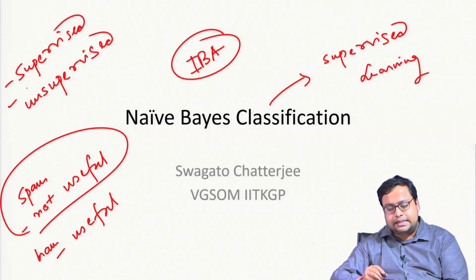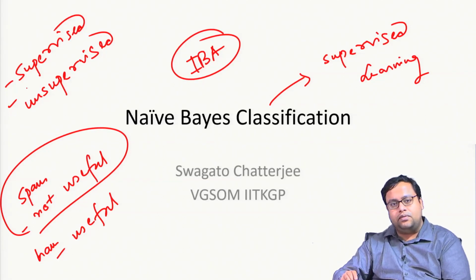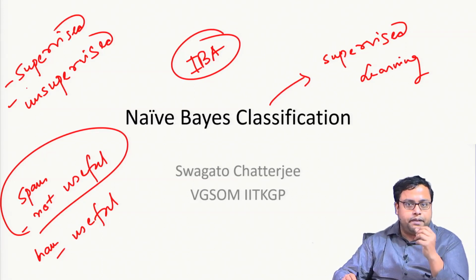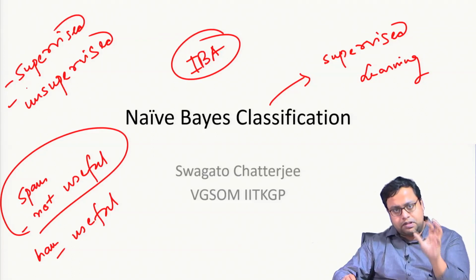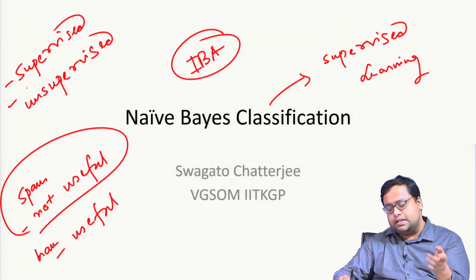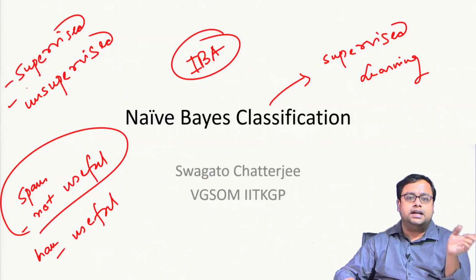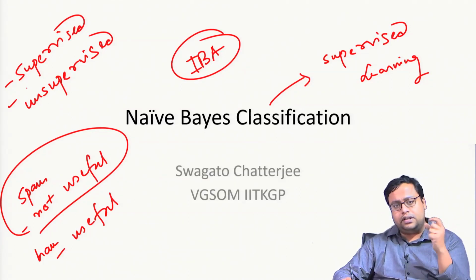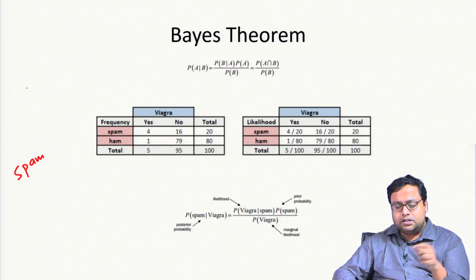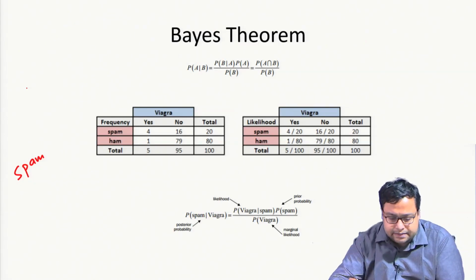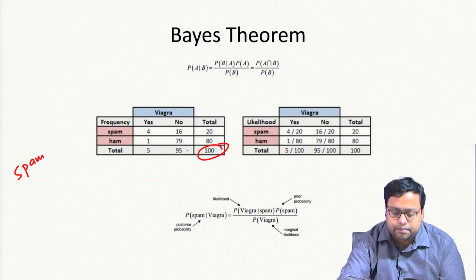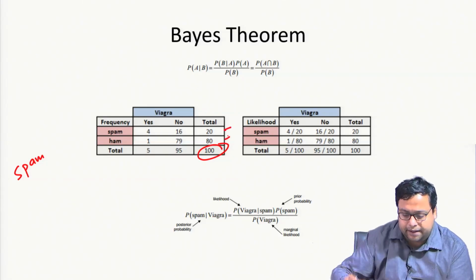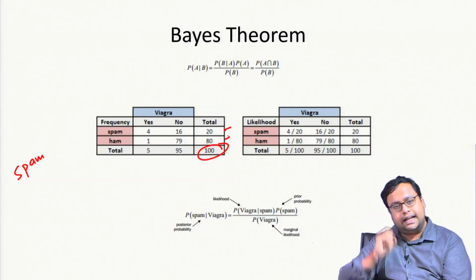This classification is supervised learning, where you have to give the classification algorithm in advance which of your observations are spam and which are ham. There will be past data which are pre-labeled for the learning purpose. Let us say there are 100 emails that you got, and out of them 20 were spam, 80 were ham. You manually check that. And you also checked about the word.